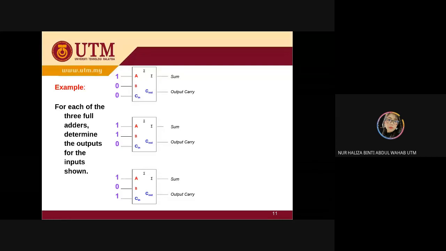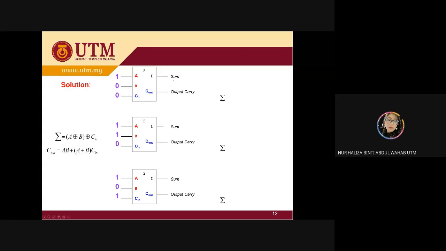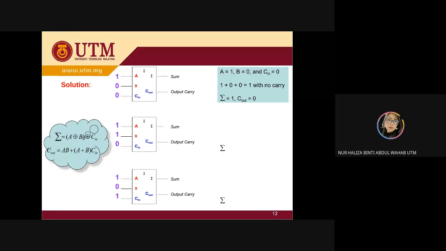And you can try to add the numbers. In terms of the full adder here, when you have 1, 0, 0, what will happen? Because you add 3 numbers there, you can see what is your sum, what is your carry out. So you have A is 1, B is 0, C in is 1. You're going to have 1 plus 0 plus 1.